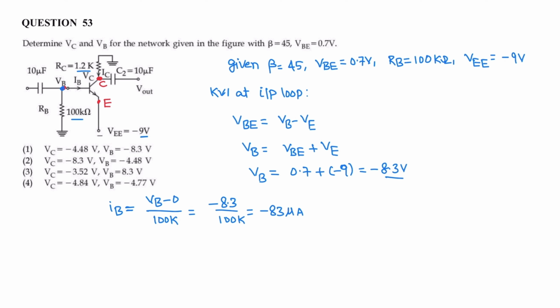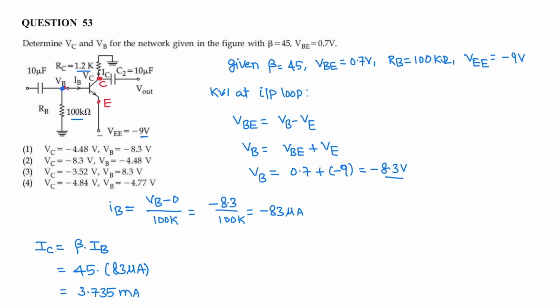Now collector current IC is beta into IB. Beta value is 45. IB is 83 micro ampere. The collector current IC is 3.735 milliampere.